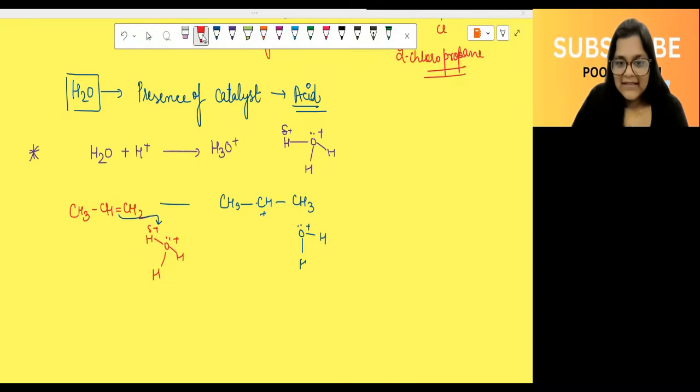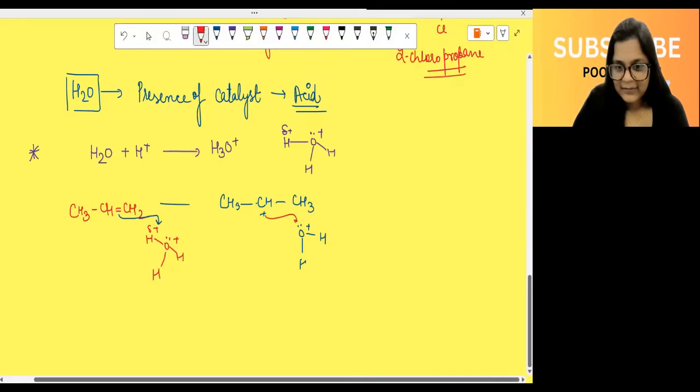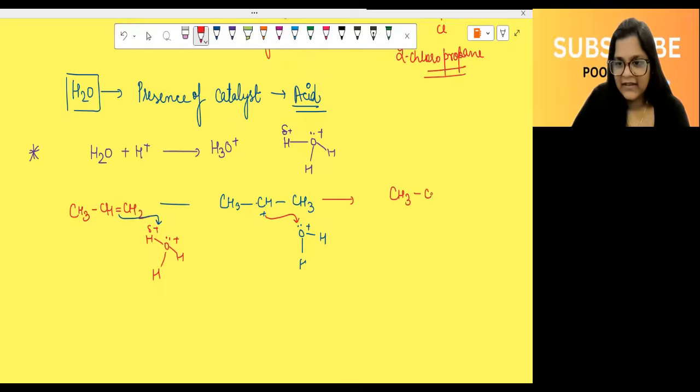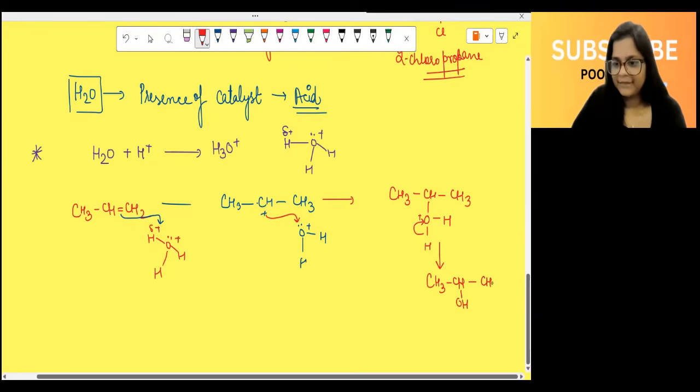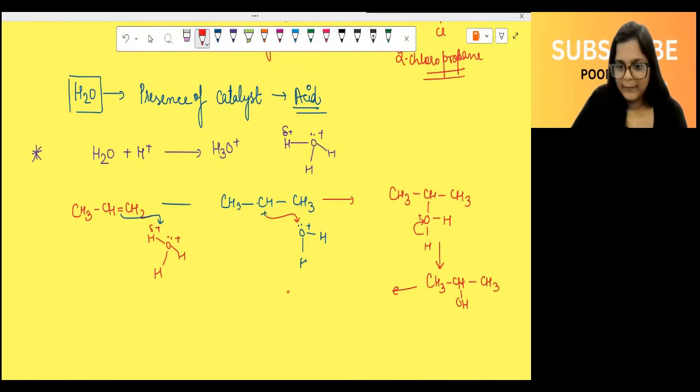Now what will happen? This positive charge will get attracted by this oxygen electron, will form CH3, CH3, O, H, H. Since this is positive, it is going to lose its proton, and you will once again get back to the compound, which is propan-2-ol, right?